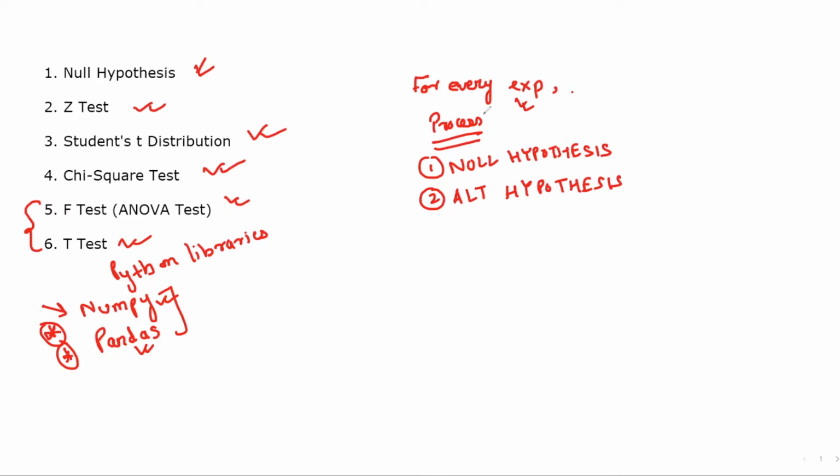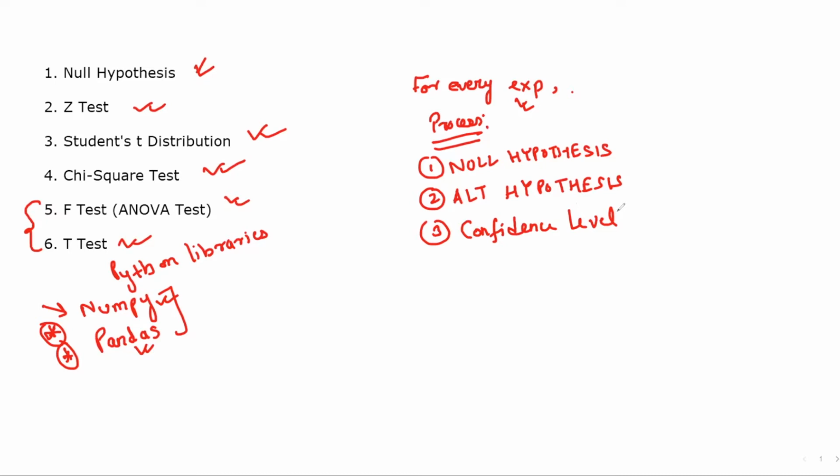So, first of all, you need to define a null hypothesis. Second, you need to define an alternate hypothesis. Third, you need to know the confidence level. Now, you must know what confidence level is, right? Last class, I've discussed about confidence level, confidence interval. I've given an example, right? For example, if you're traveling from point A to point B, and you gathered some data, so in that, what will be the level of confidence that you will reach there at particular desired time?